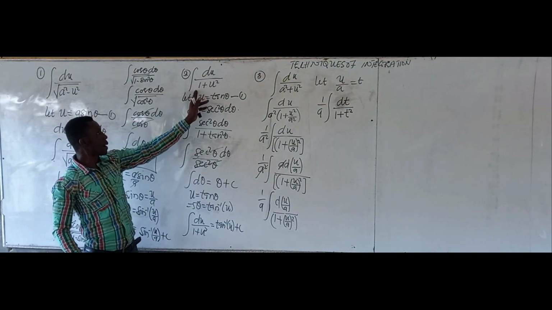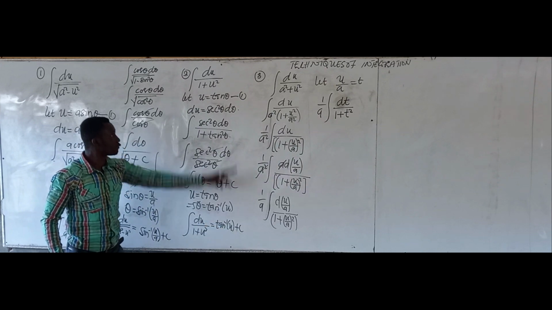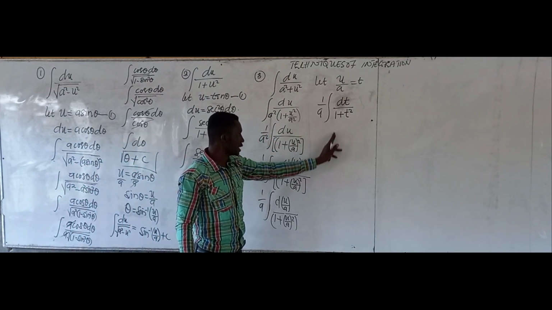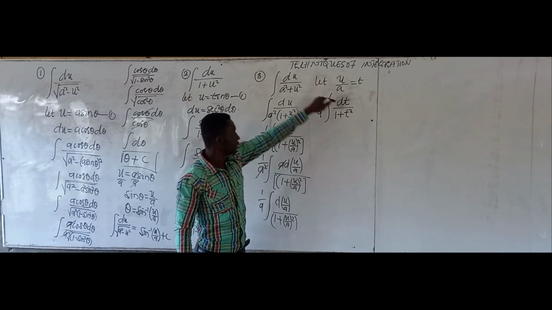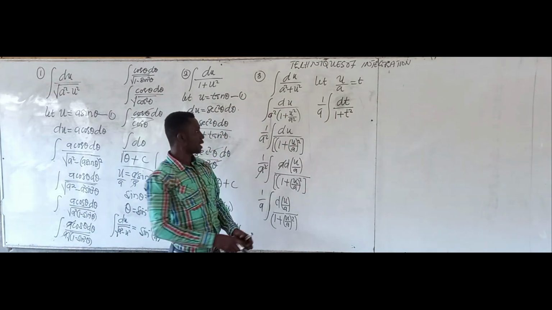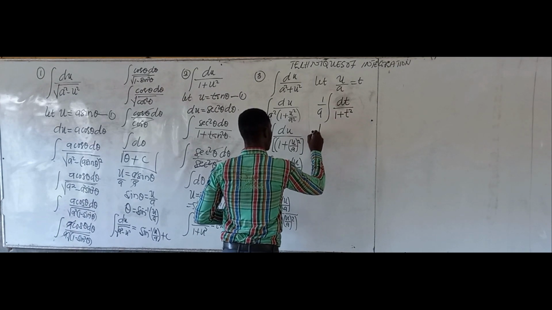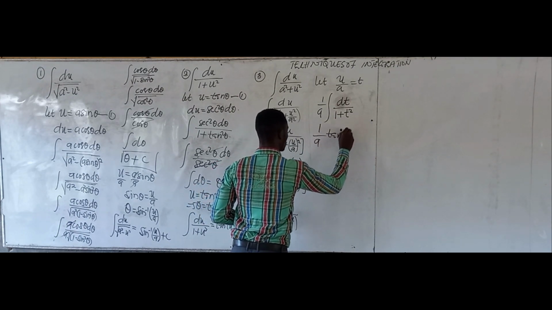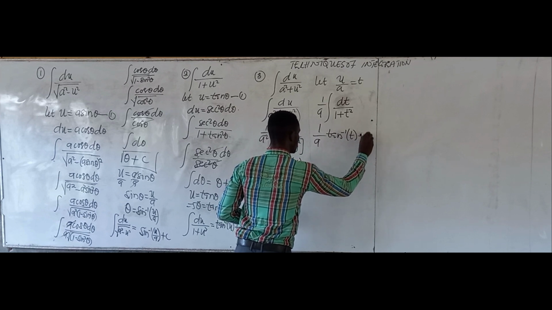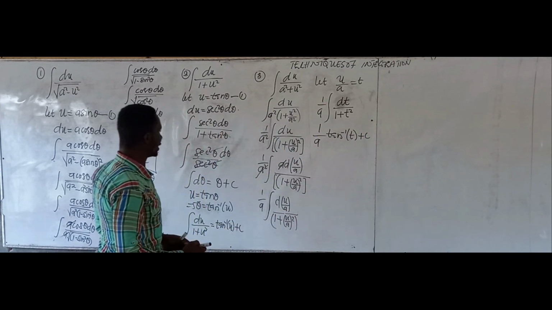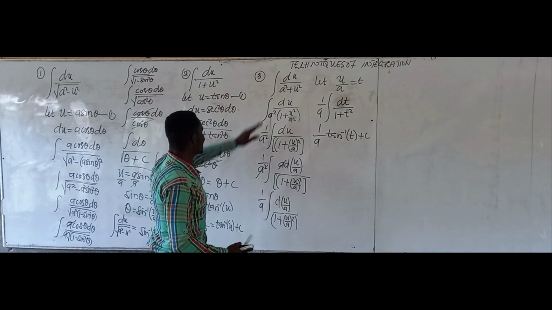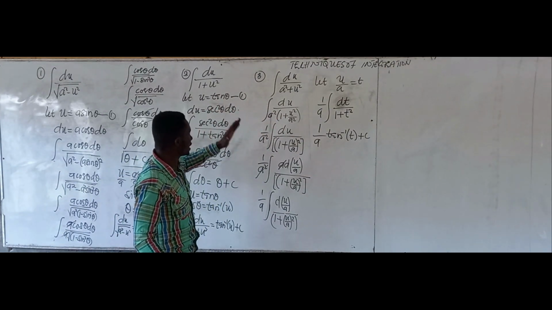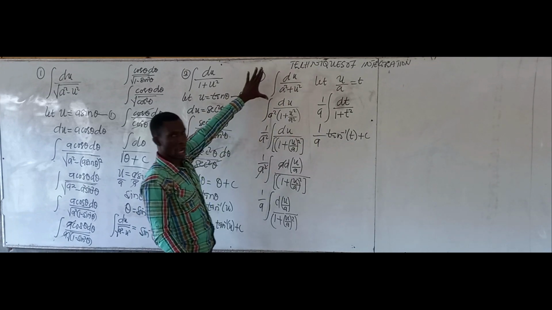So we have 1 over a tan inverse of t plus c. So this is the technique for evaluating an integrand of this nature.